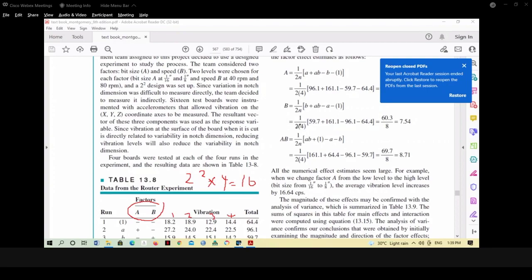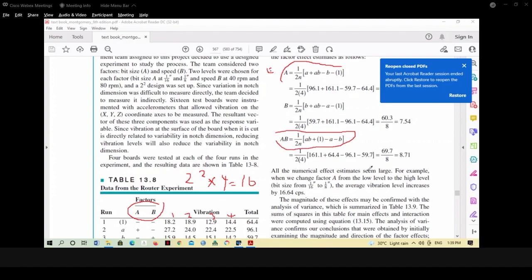This is how you get the effect of A using the formula. You can also do it using graphical analysis. The effect of B using the formula, the effect of AB using the formula.